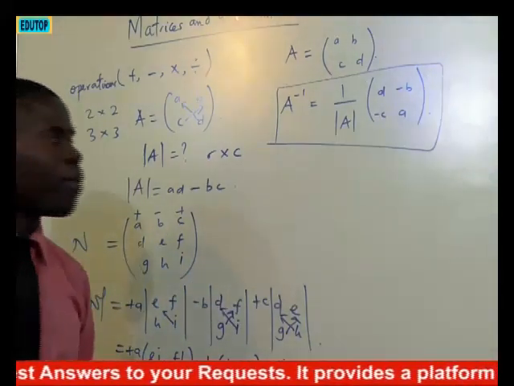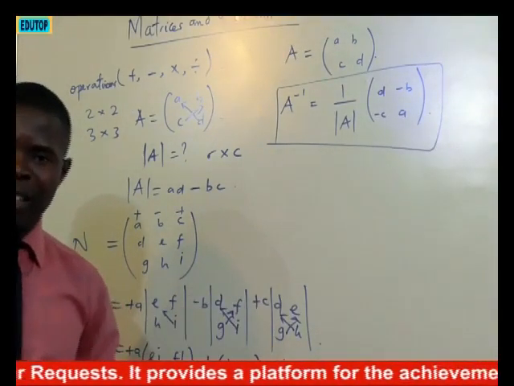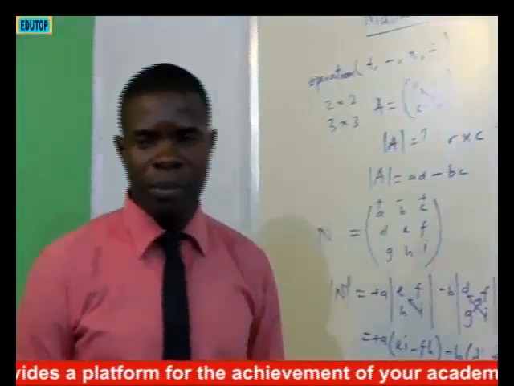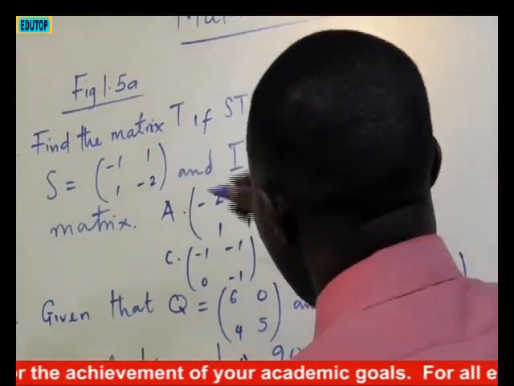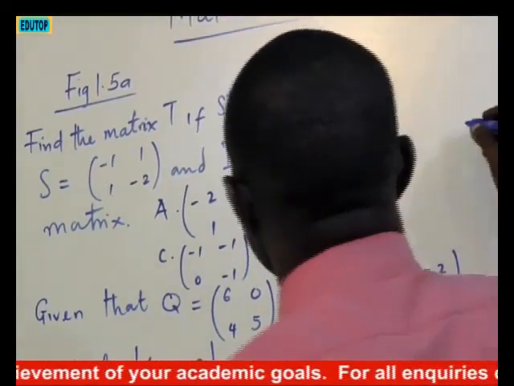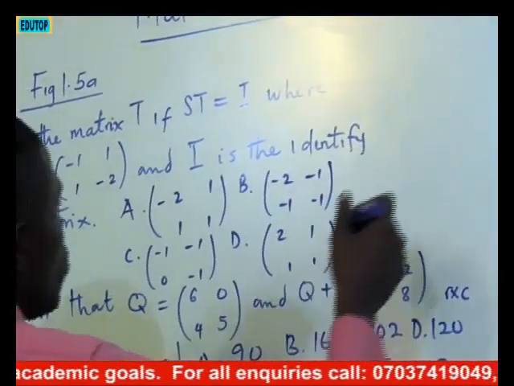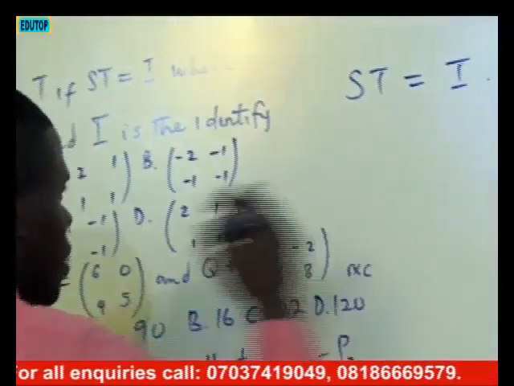So let's see questions in form of examples to justify our claim. The first one says that ST equals I, where S is this and I is this. Automatically, you know that this is a product of 2 by 2 matrices. So we have ST equal to our identity.